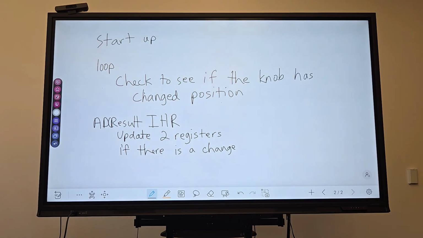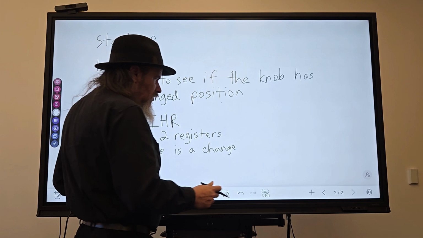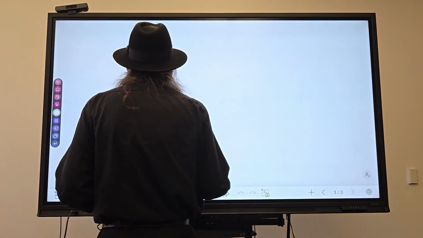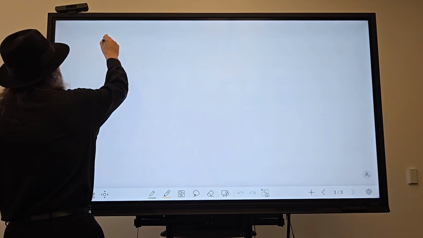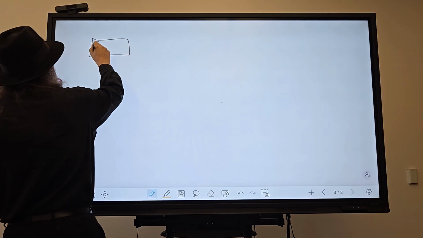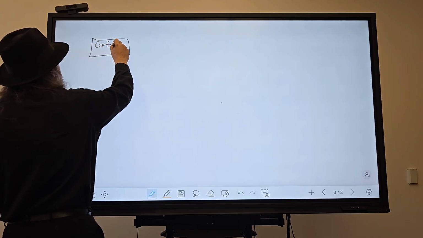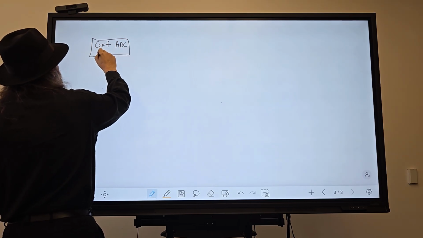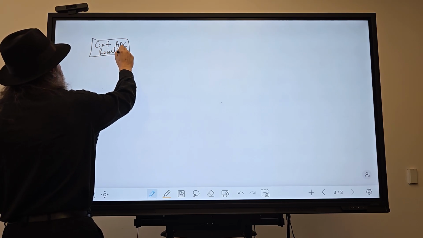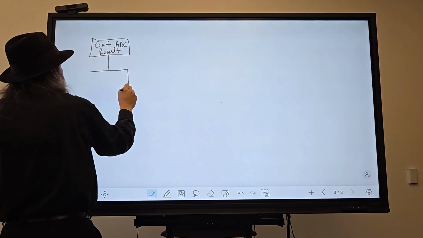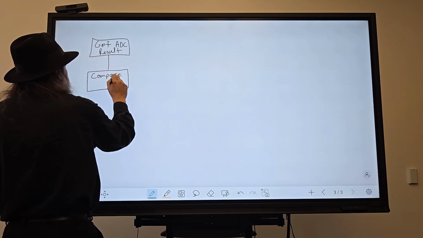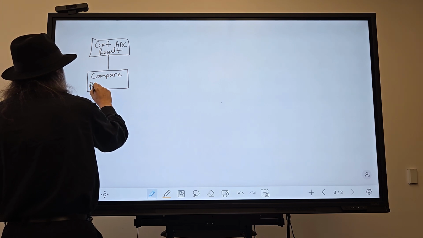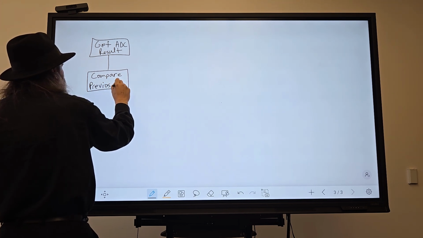So, let me see if I can do a simple flowchart here. Get ADC result. Compare to previous result.